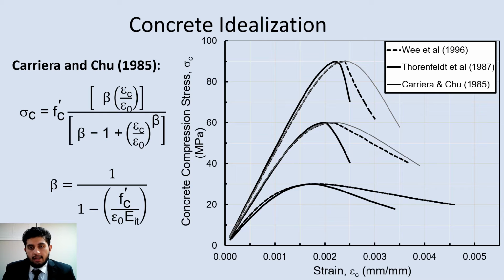The idealizations considered were Thorenfeldt and Hsu. As you can see in the graph, up until the strain corresponding to the maximum stress, the curves are similar, but after that point there is a divergence in the plots. So we used Chu in our research because it is a well-known idealization that's used in many research works.